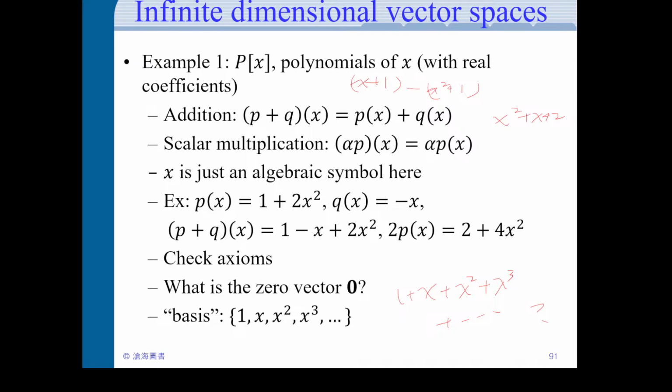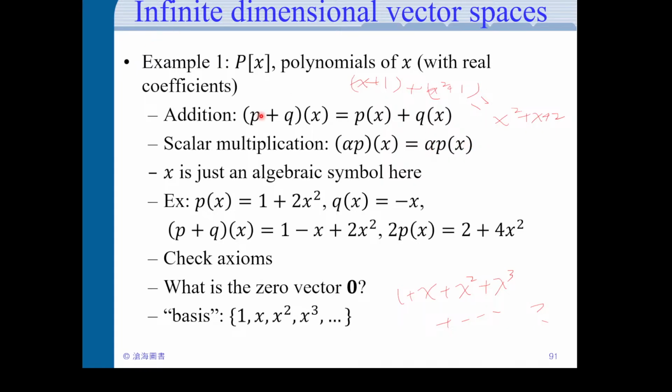So this plus this equals this. Okay, so you can do polynomial addition, and similarly you can have scalar multiplication. Maybe you have 2 times x plus 1, then you have 2x plus 2.